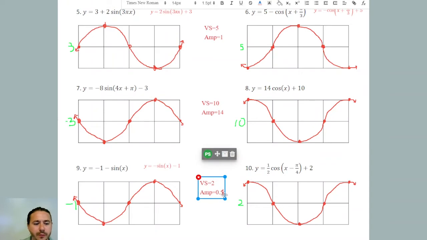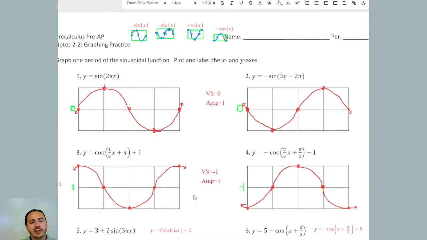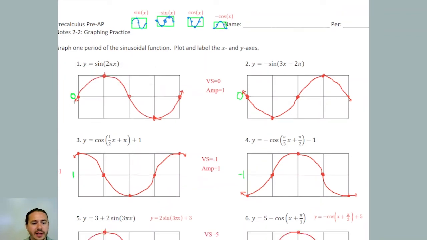All right, so the way you're going to use the amplitude to actually label the graph is the amplitude is the distance from equilibrium to the extremes. In other words, the distance between here and up here is the amplitude. So the way that you use that to label this is you are going to add or subtract whatever the amplitude is to find the values of the maximum and minimum. So 0 plus or minus 1 would be 1 and negative 1.